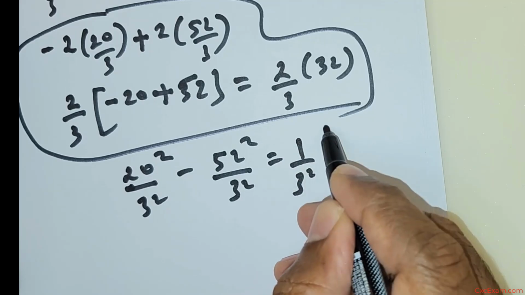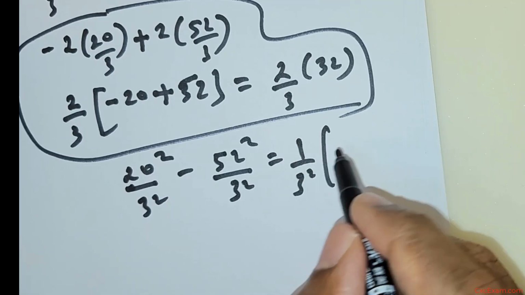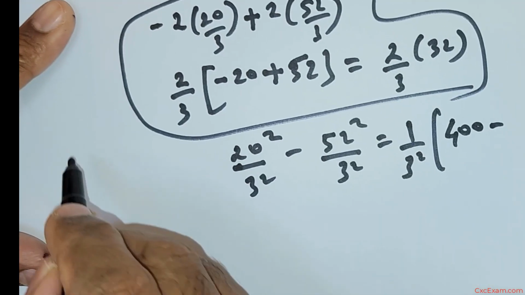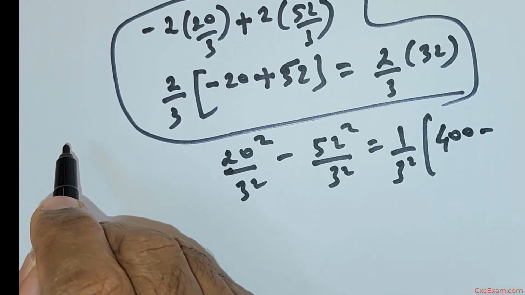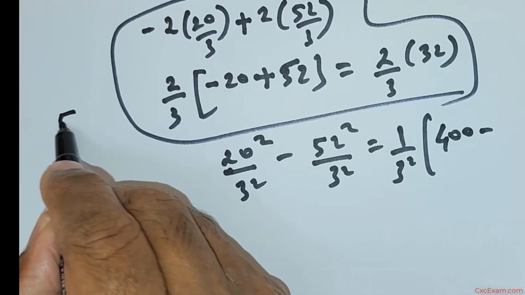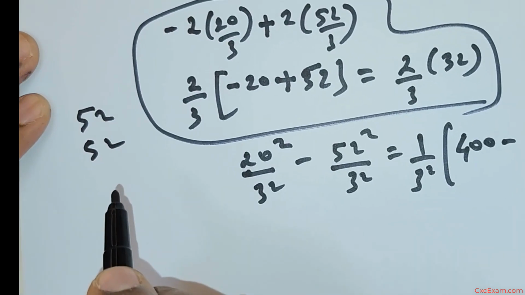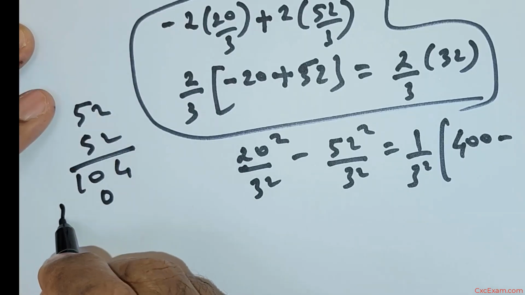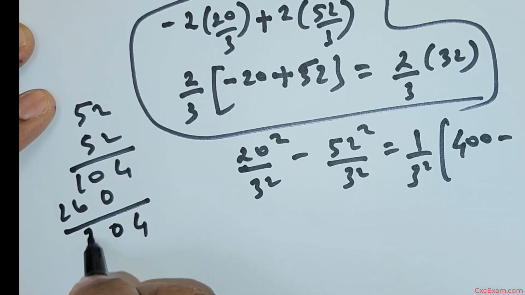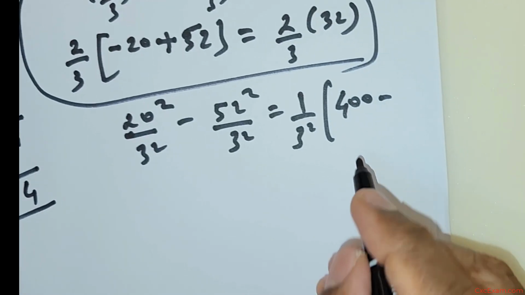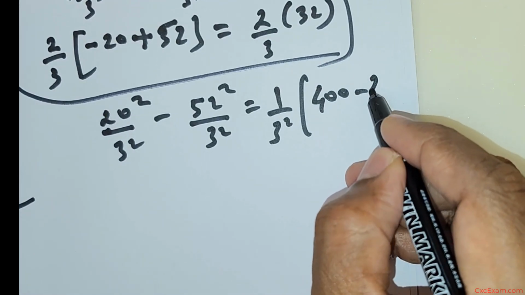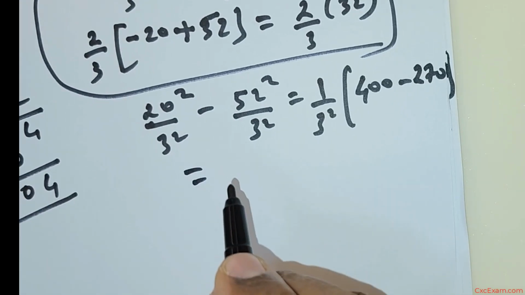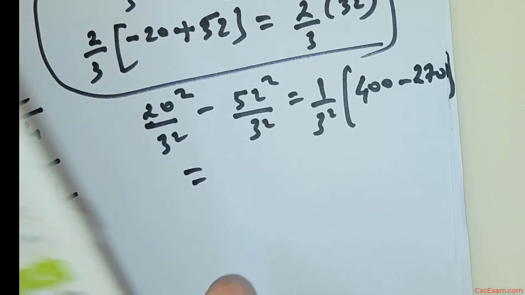So I can take 1 over 3 squared out. 20 squared is going to be 400, and for 52 squared, probably we can multiply it out. That is 2704.